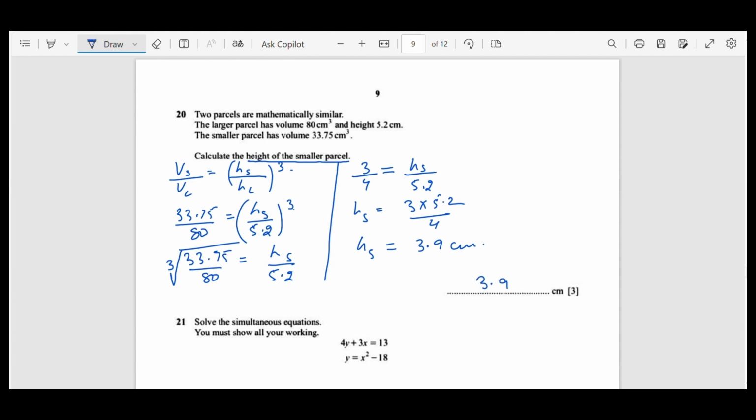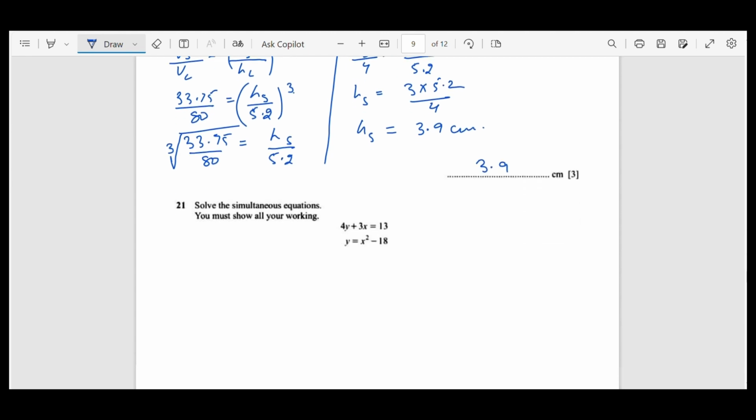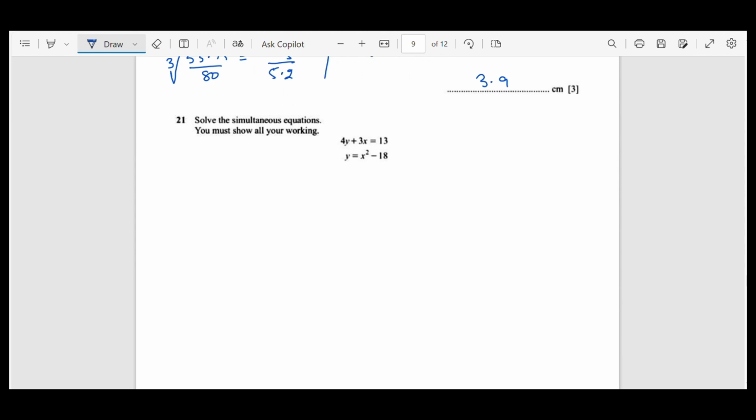Next is 21. Solve the simultaneous equations. You must show all your working. So this is the linear equation. This is the quadratic. So we will substitute linear in quadratic. So from this, 4y will be equal to 13 minus 3x. And y will be equal to (13 minus 3x) divided by 4.